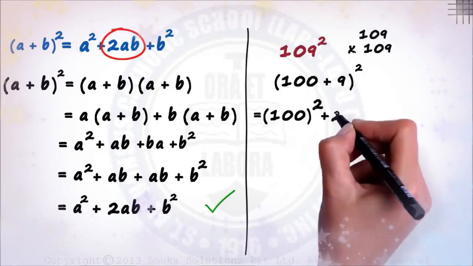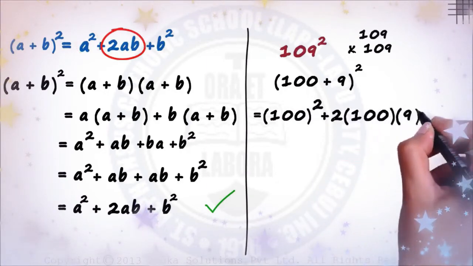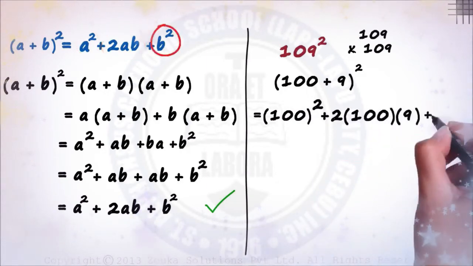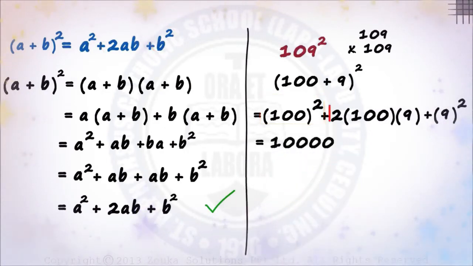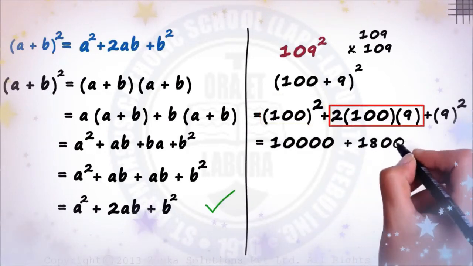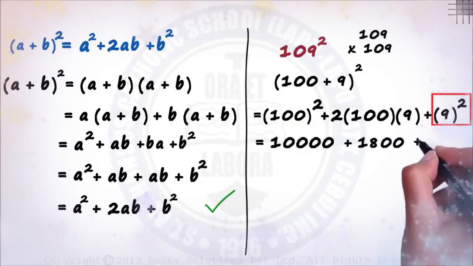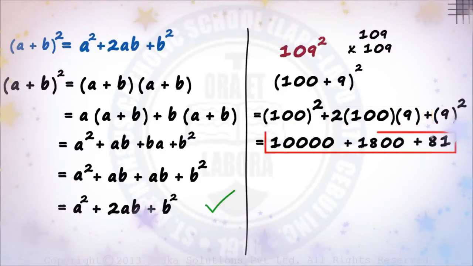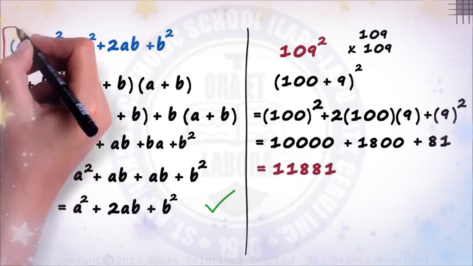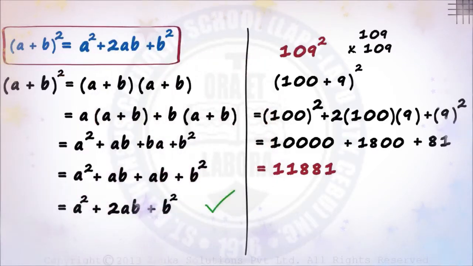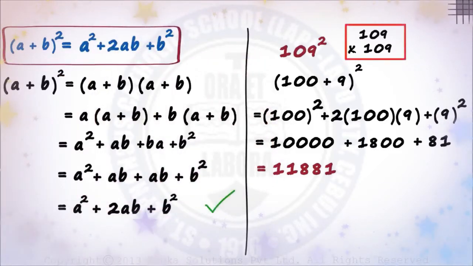It will equal 2 multiplied by 100 multiplied by 9. b squared is 9 squared. 100 squared is 10,000. 2 multiplied by 100 multiplied by 9 equals 1,800. And 9 squared equals 81. So adding these numbers, we get our answer as 11,881. This identity lets us solve such problems very easily. Conventional multiplication would definitely have taken more time.